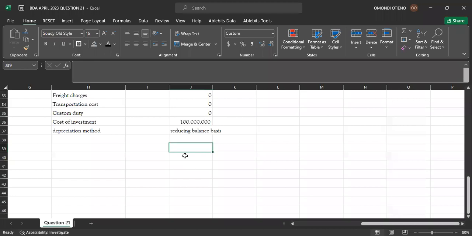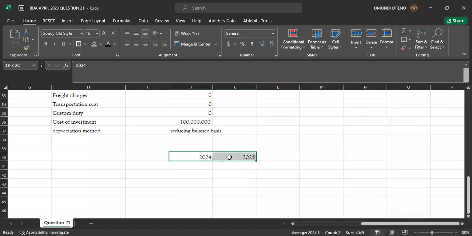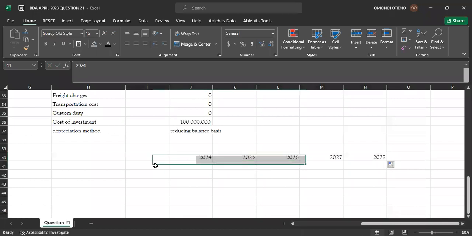We now know very well that in 2024, we have our assets. So let's call it cost of investment, or we can call it an asset. Use the name that will be befitting to you, that you cannot easily forget.